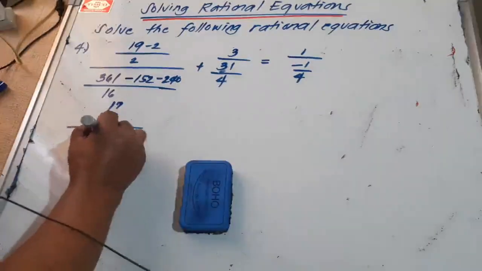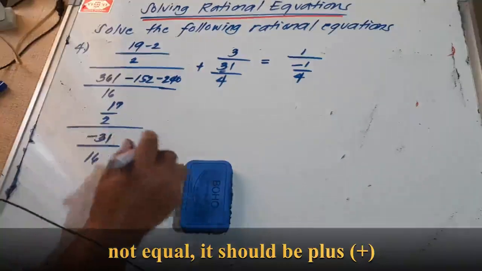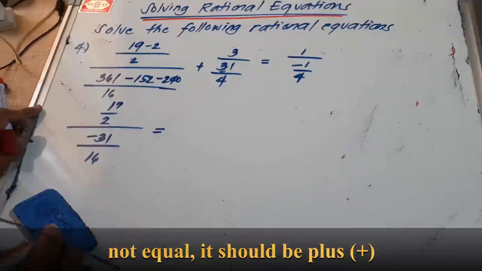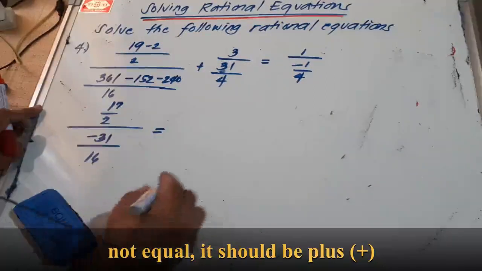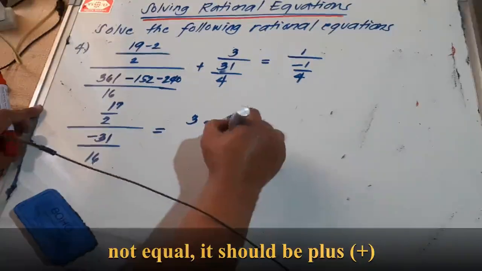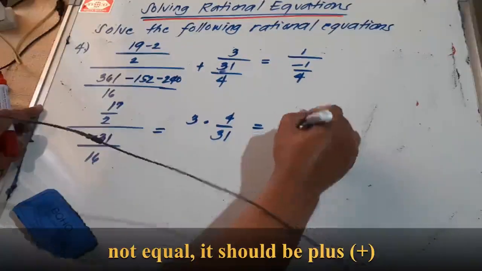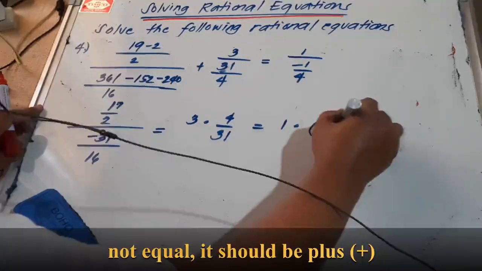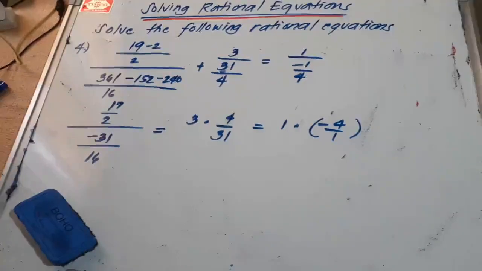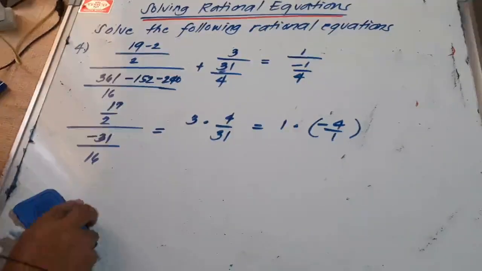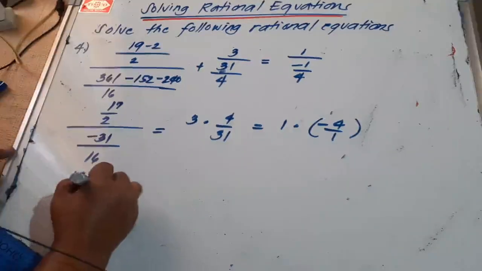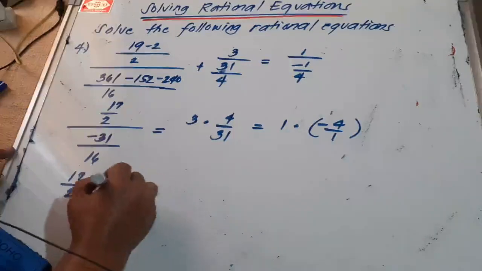So we have negative 31 over 16 equals, diretso ko na, that will be 3 divided by 31 over 4, and that will be 3 times 4 over 31 equals 1 times negative 4 over 1. Okay? So next is this one. So we have 17 over 2 times 16 over negative 31.